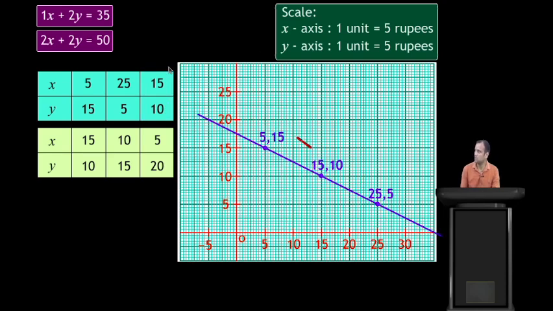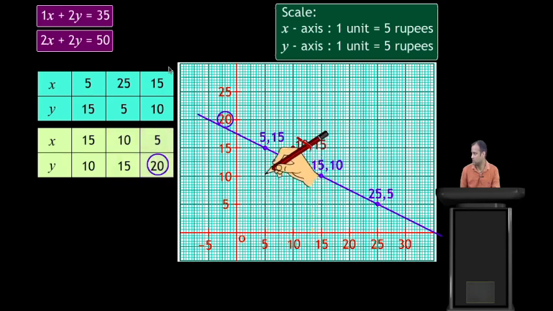So this is called the graph of the equation. Same for this one, we can draw the next one. 15, 10. Then we have 10, 15. Then we have 5, 20.